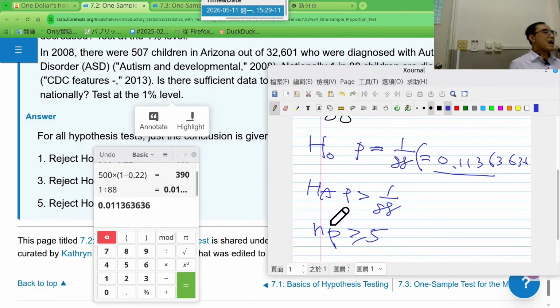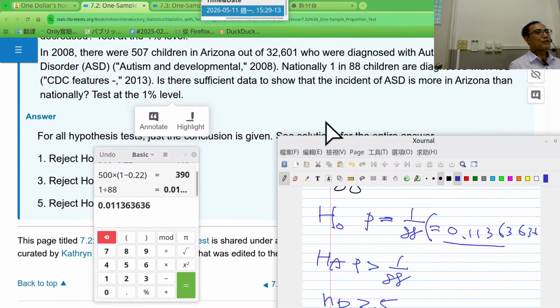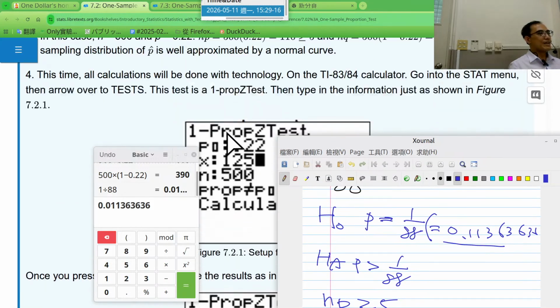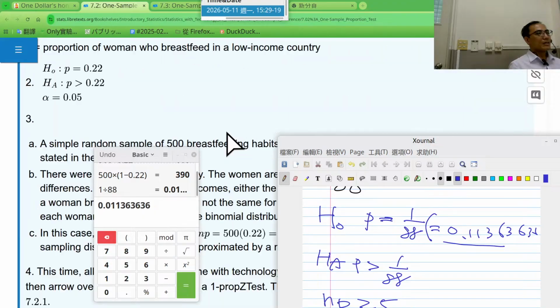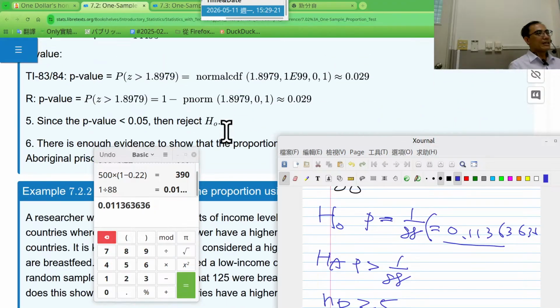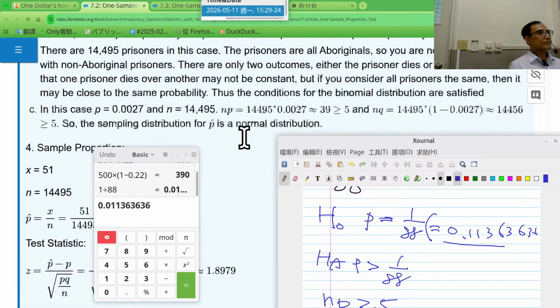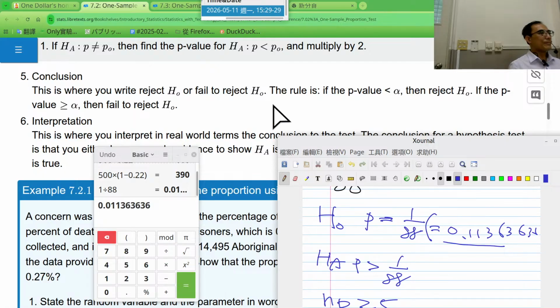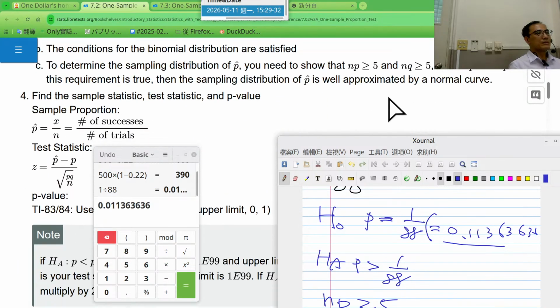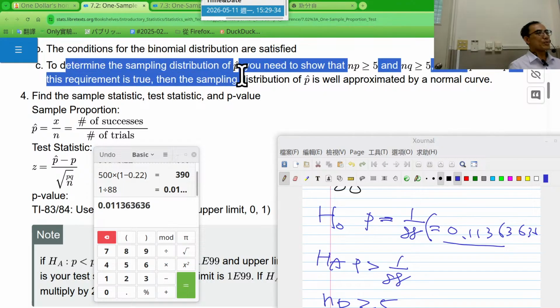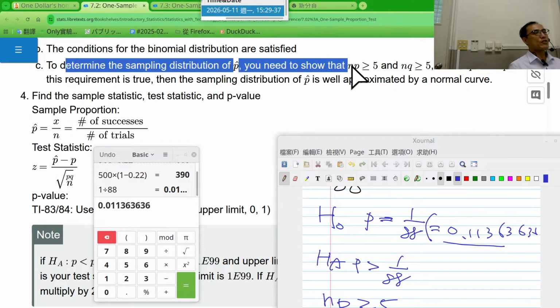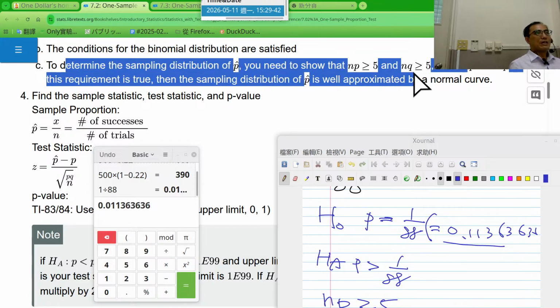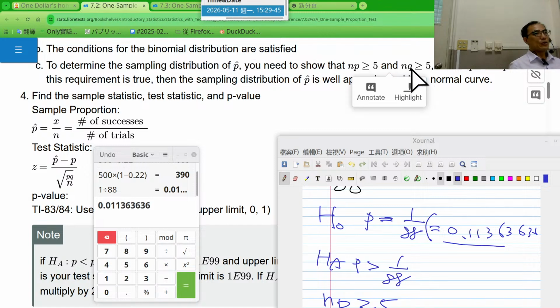I'm going to calculate NP, which you can review from the previous one. To determine the sampling distribution of p-hat, you need to show that NP is greater than or equal to 5 and that NQ is greater than or equal to 5.